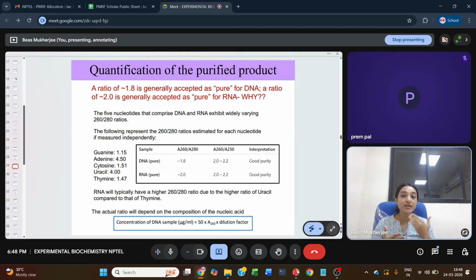Now, RNA will typically have higher 260 by 280 ratio due to higher ratio of uracil compared to that of thymine. So that is something very important. The actual ratio will depend upon the composition of the nucleic acid. So concentration of DNA sample in microgram per ml is equal to 50 into A260 into dilution factor. Okay. This is how you calculate concentration of DNA.